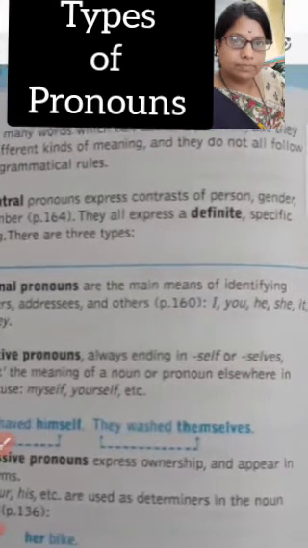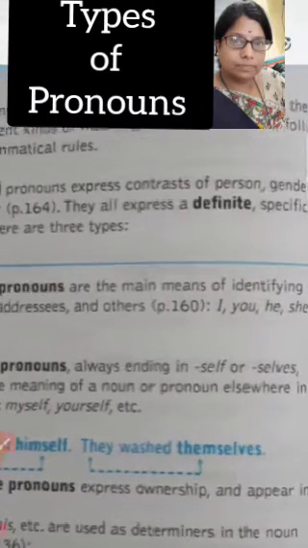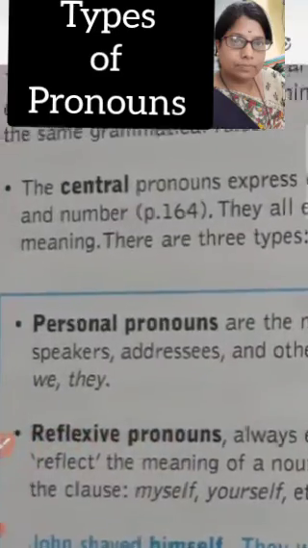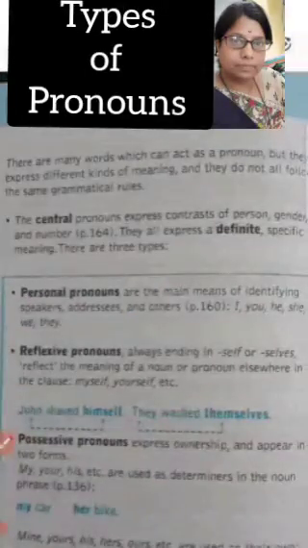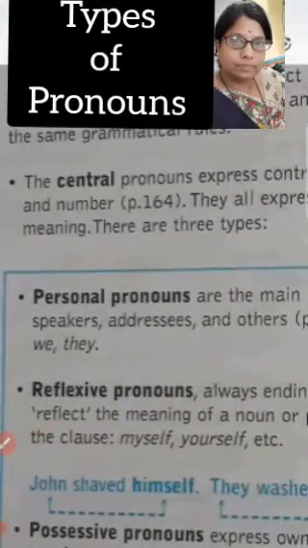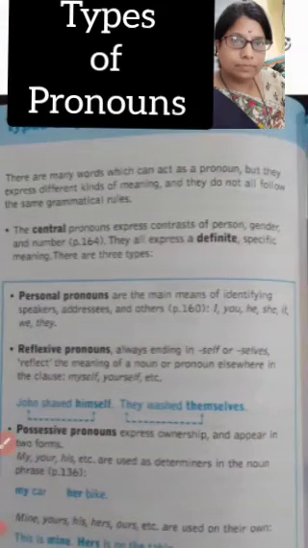The central pronouns express contrasts of person: first person, second person, third person; gender: male, female, neuter gender; and number, that is singular and plural. They all express a definite specific meaning. There are three types of such central or major pronouns.